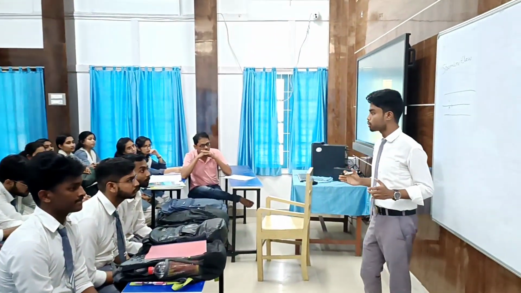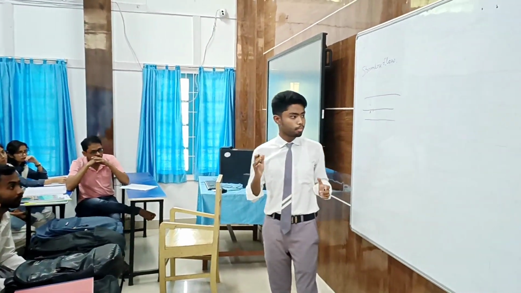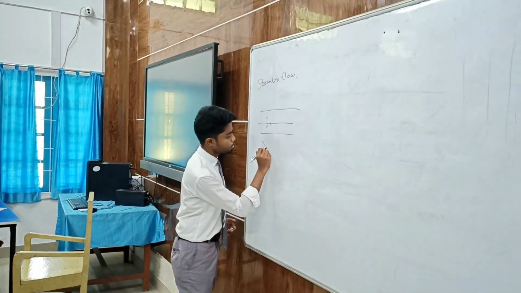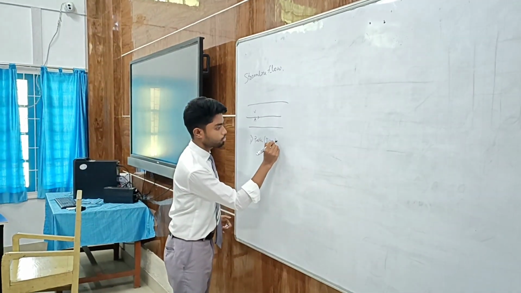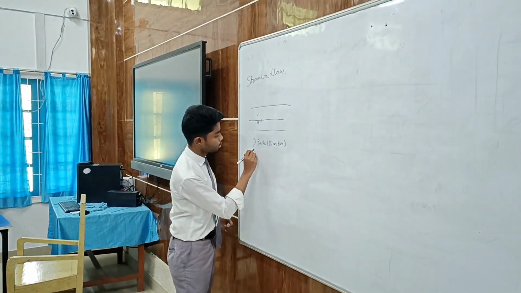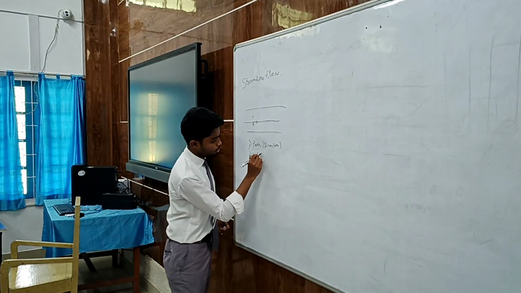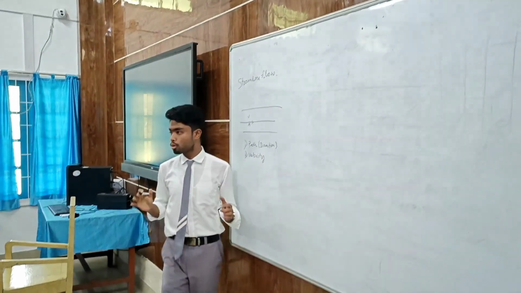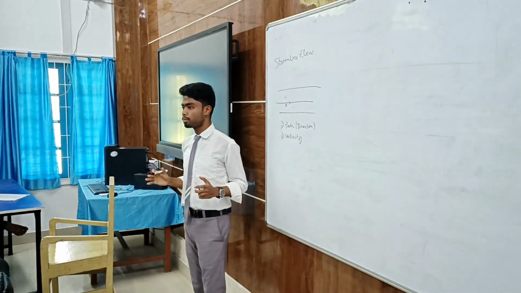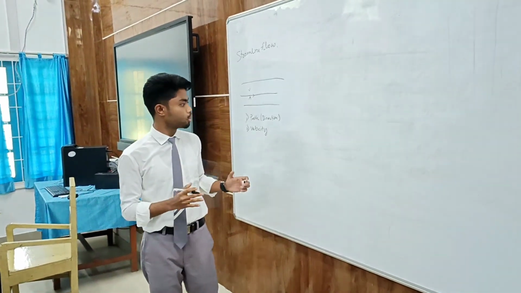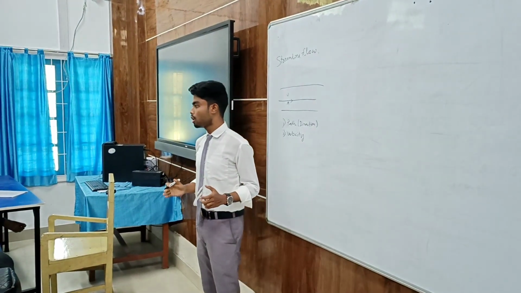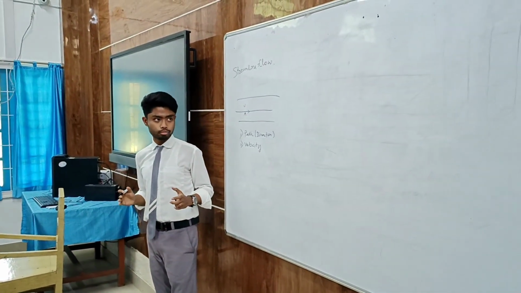So for streamline motion, we have to remember two things: one is the path, that is the direction, and the other is the velocity. These two things remain constant at any particular point. Then the flow of a liquid is called streamline flow or streamline motion.